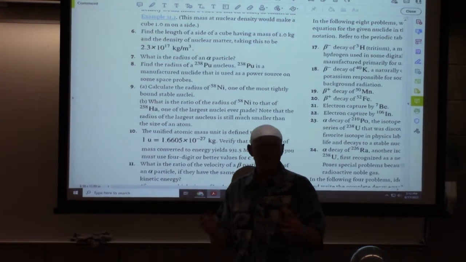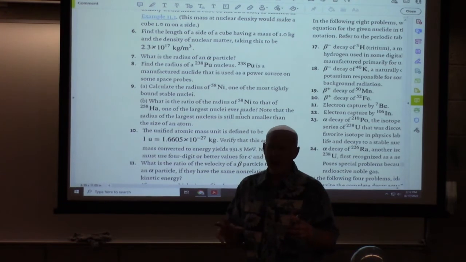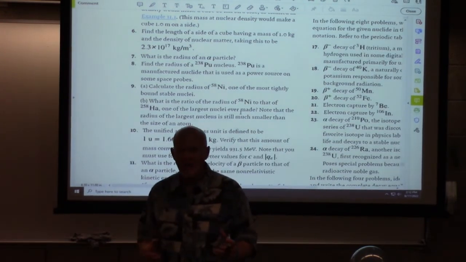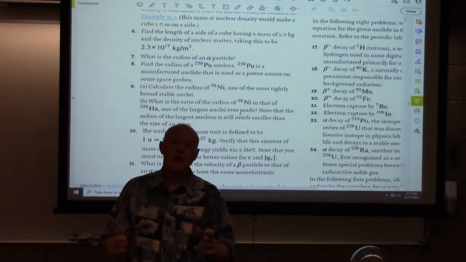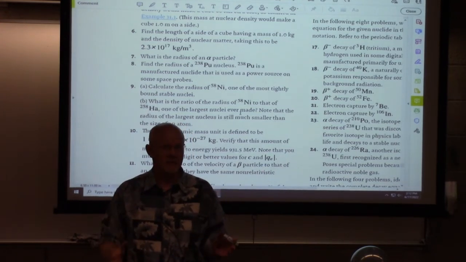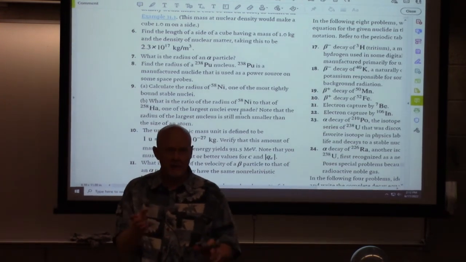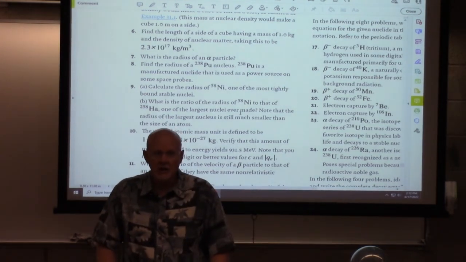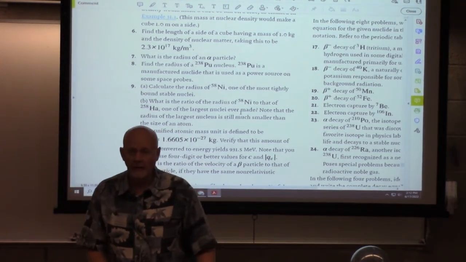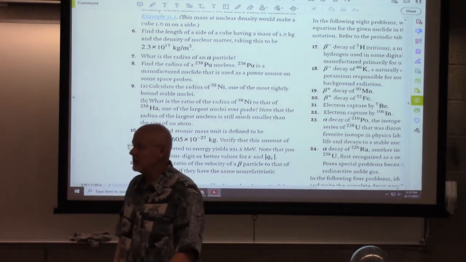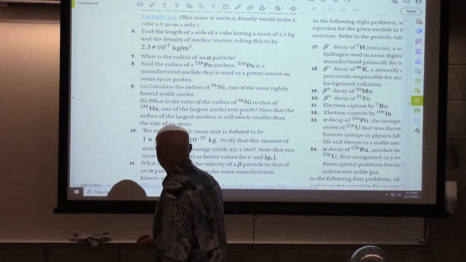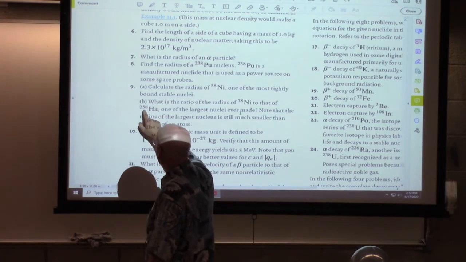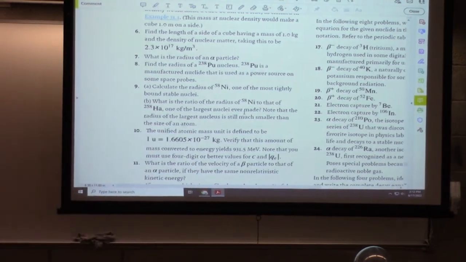So this ties into what I was saying earlier. I don't care how big of a nucleus you get, it is really, really small. It is 100,000 times smaller than the atom itself. So never forget, it doesn't matter what atom you look at, they all have this small, small nucleus compared to the atom itself.